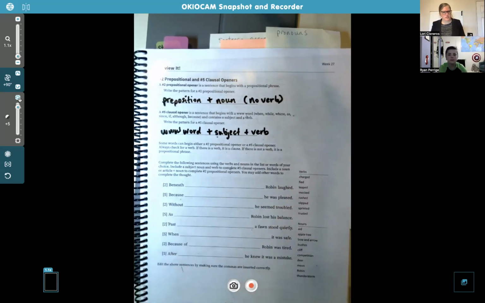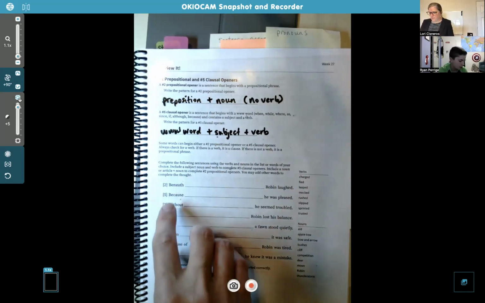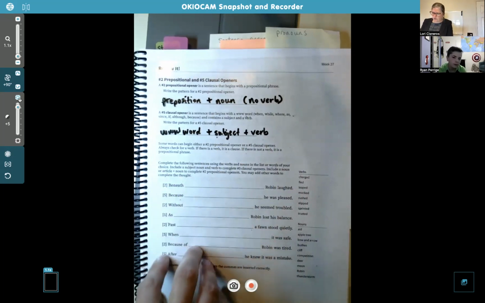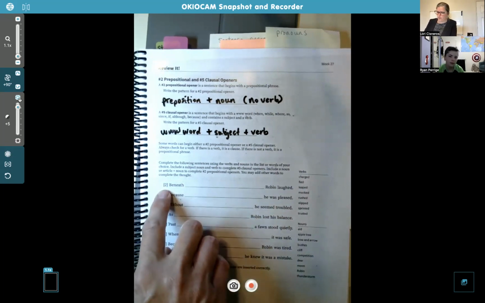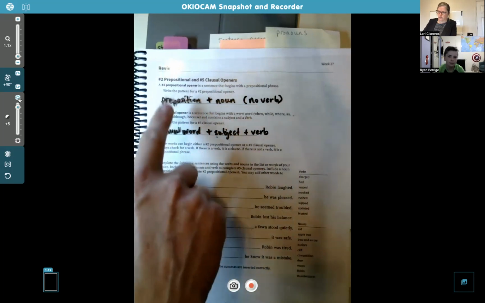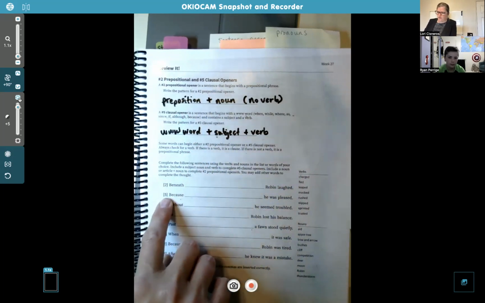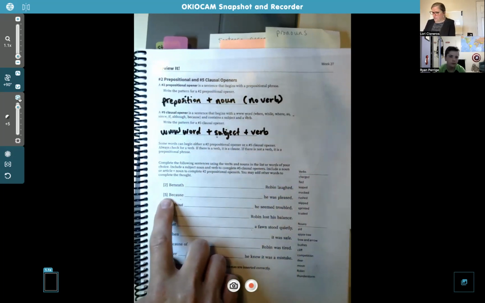Those are just suggestions, but we'll talk about the first one together, and then I'll have you give me ideas for the rest of them. But on the side, you can see twos and fives. Those are already labeled for you. So the twos are the prepositional openers, and the fives are the clausal openers.